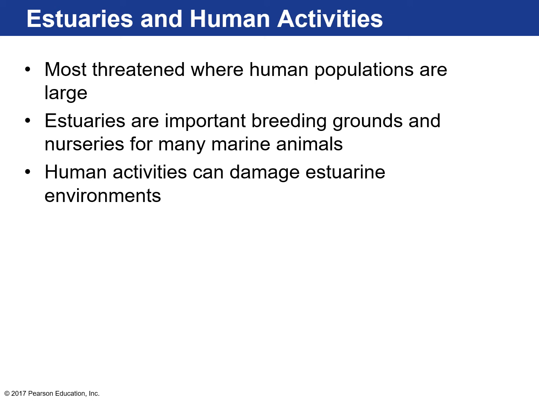Estuaries are important because they are breeding grounds for a lot of marine animals. They're the nurseries for a lot of benthic organisms and a lot of organisms from the open ocean or commercially fished organisms. And we can damage these environments pretty easily just by overdeveloping.